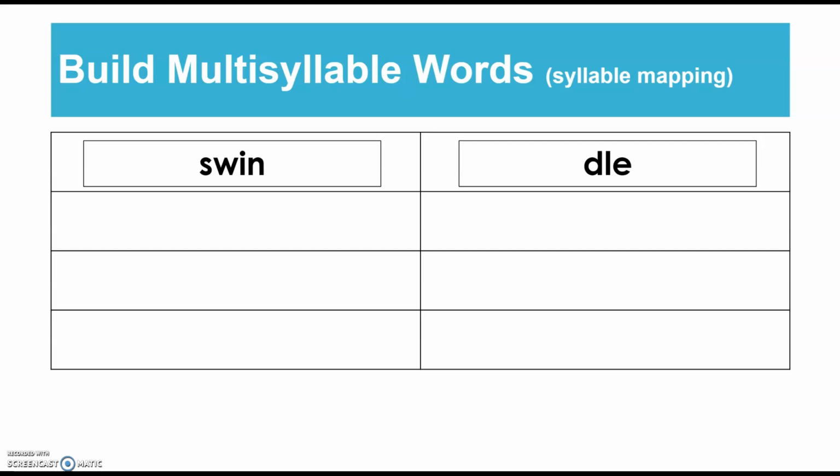Second syllable is am. Write am in the second box. Again, my word is example. The last syllable is pull. Please put pull in the last box. And we put them all together and we have the word example.